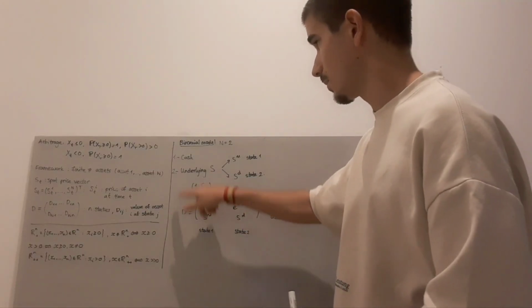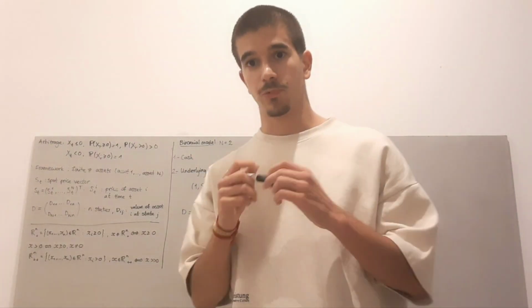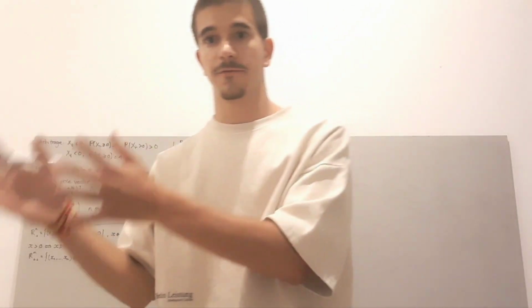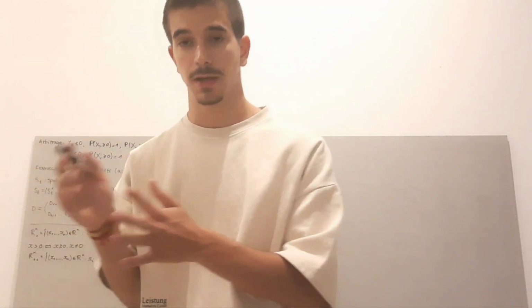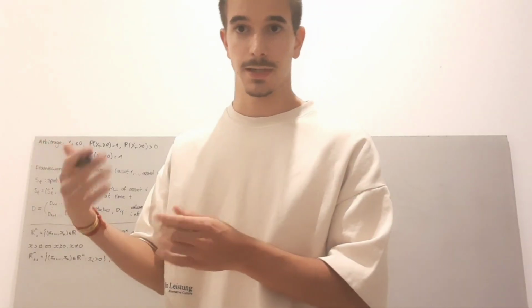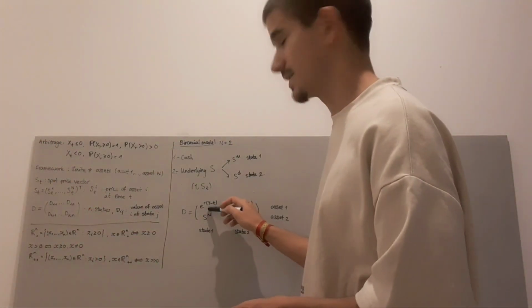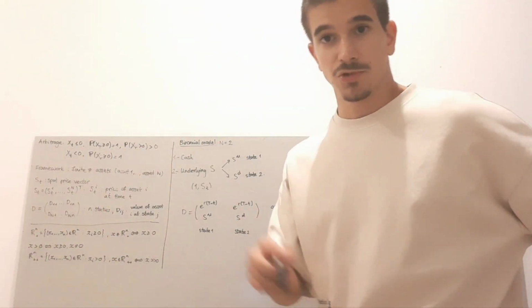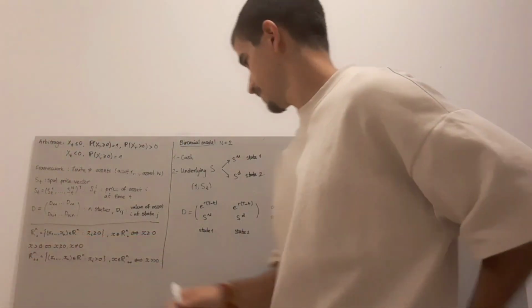So what would D look like in our binomial model? Well, recall the cash: if we invest 1 unit, in the future it is going to return that 1 unit multiplied by the continuous compound interest, so e to the r(T minus t). And that's always going to be the same regardless of the state that we're in. It's independent of the underlying asset. And the underlying asset was either going to be worth S_u in state 1 or S_d in state 2.